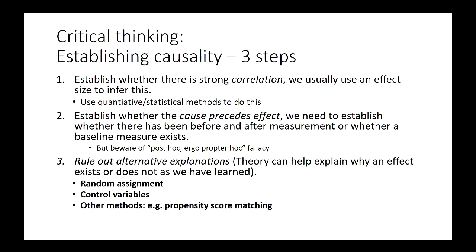So, combining what you learned just now about establishing cause and effect, these are 3 steps that you should keep in mind when you're trying to answer a cause and effect question. Right. The first part of what we did today was trying to frame the question better, in terms of relationships between variables. Now we're trying to answer that question.